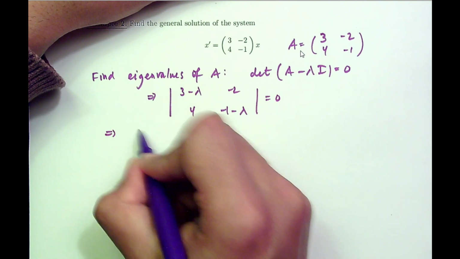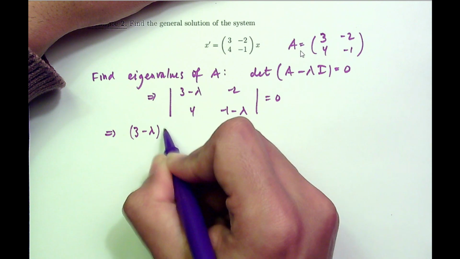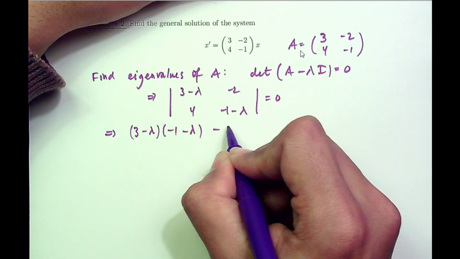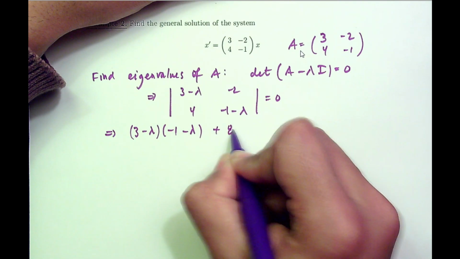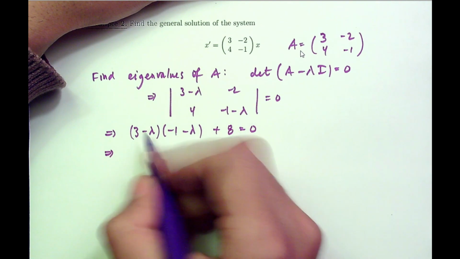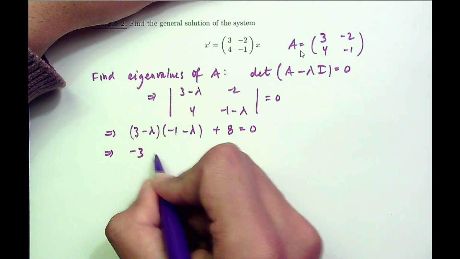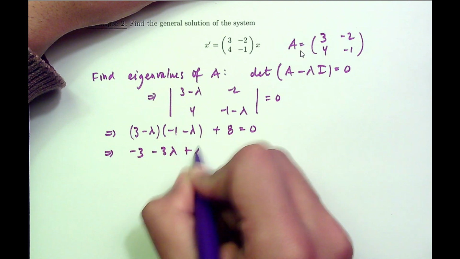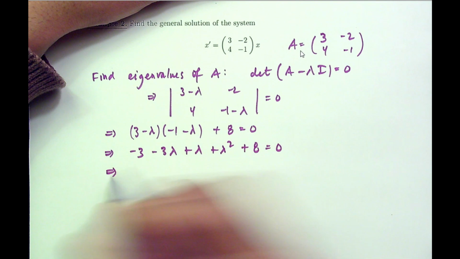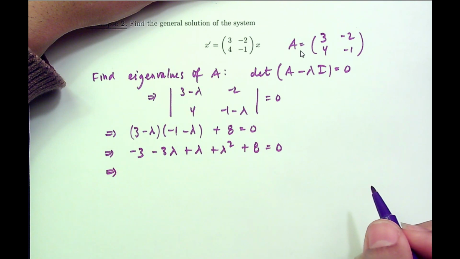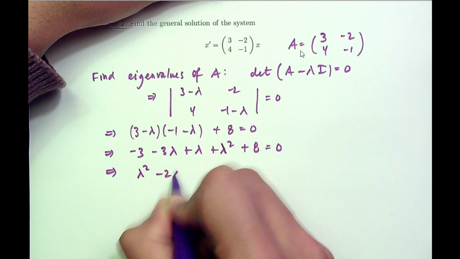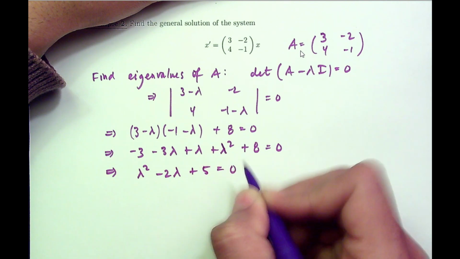Now find the determinant, so this will be (3 minus lambda)(negative 1 minus lambda) minus negative 8. That would be the same as plus 8. Okay, now let's FOIL. So this will be negative 3 minus 3 lambda plus lambda squared plus 8 equals 0. Combining like terms and writing in order, we get lambda squared minus 2 lambda plus 5 equals 0.